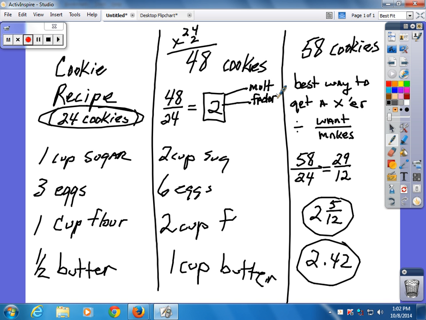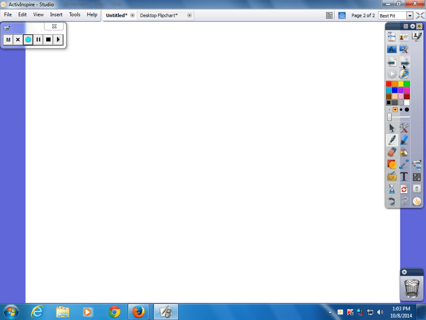What would you get? That'd be close to 4.7, 4.6, 4.7. So if you find the multiplying factor, then you can make however many cookies you want. Do you see what I'm saying? Okay, time's up. Anyway, direct variation does that.